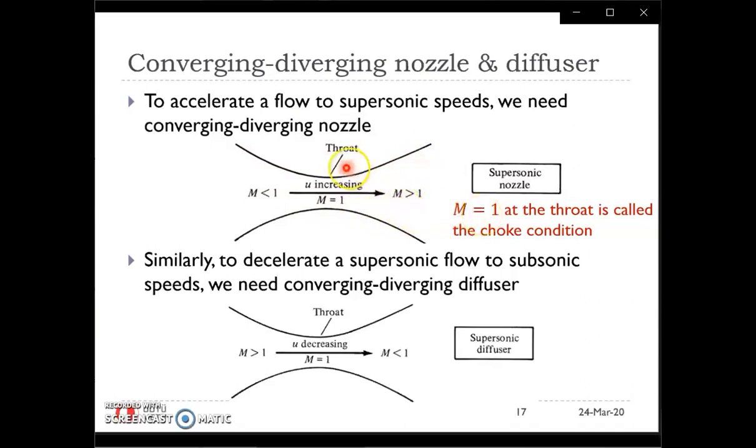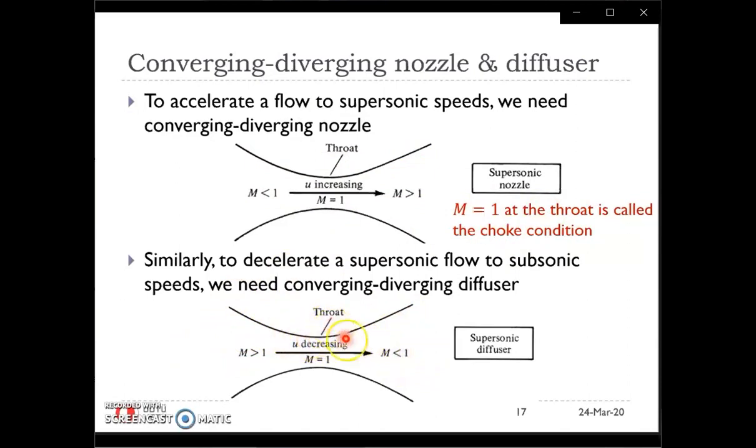When Mach number is 1 at the minimum area location, we say the flow is choked. The opposite behavior also happens if we have the same geometry but the incoming flow is supersonic. Then the area is decreasing, so the flow will have to decelerate down to Mach 1, and then a further increase in area will cause a further deceleration to low subsonic speeds.